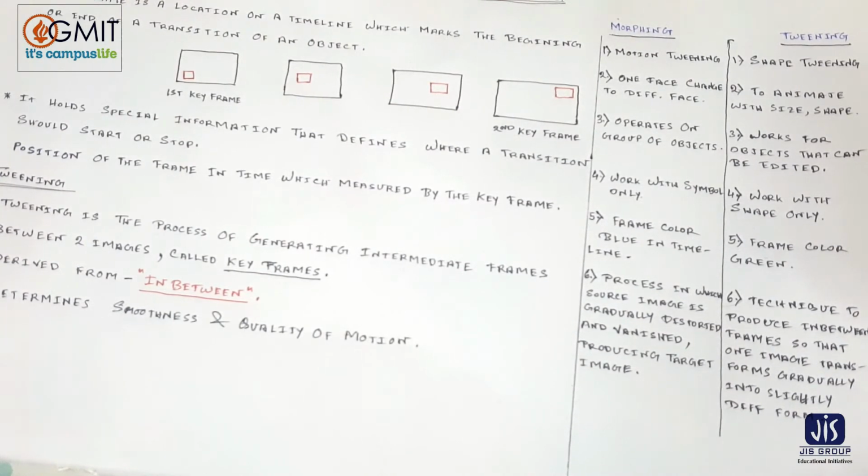Number 2, morphing refers to the procedure where one face changes into a totally different face in a smooth manner. In our previous lecture series, we saw that example, like Bush or Obama.